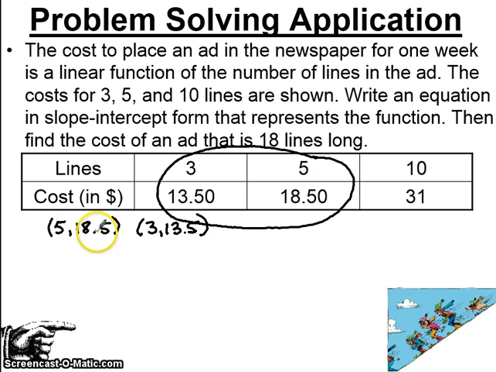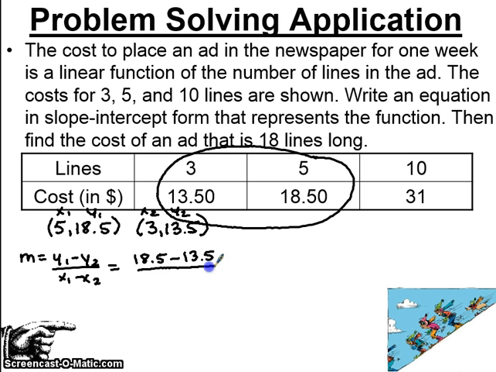Now, we know 2 points, we can figure out the slope using the slope formula, which is y1 minus y2 over x1 minus x2. So label our points x1, y1, x2, y2. So y1 is 18.5 minus y2, which is 13.5, over x1, which is 5, minus x2, which is 3. 18.5 minus 13.5 is 5, and 5 minus 3 is 2.